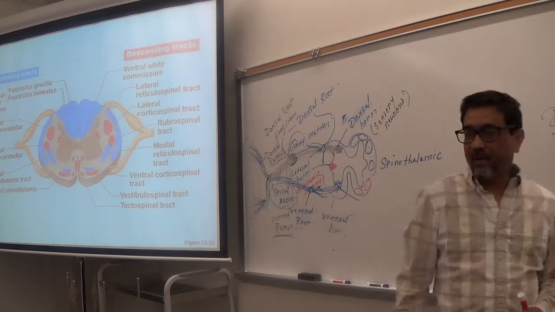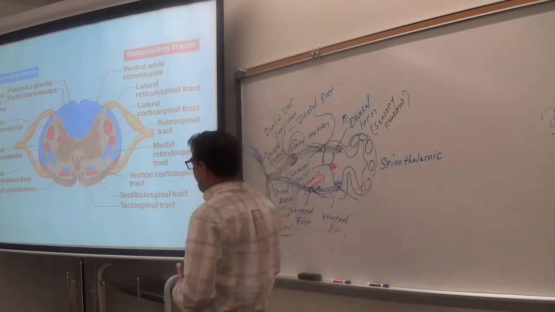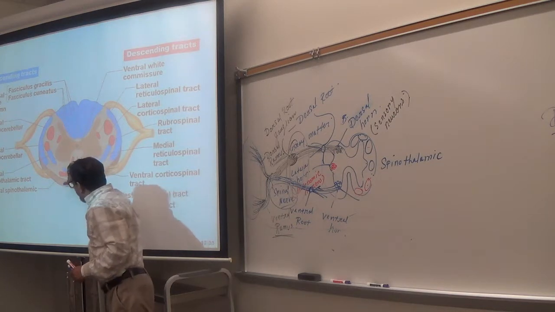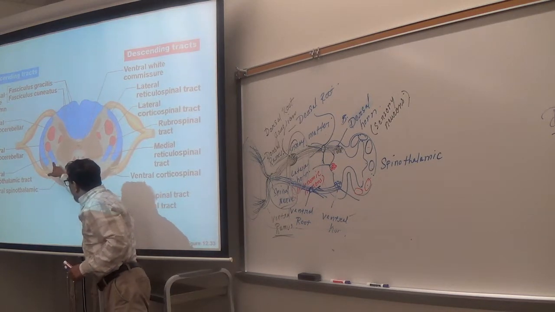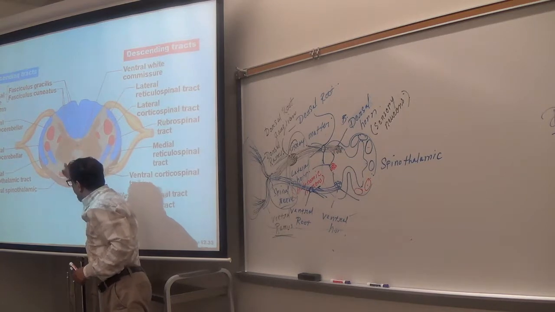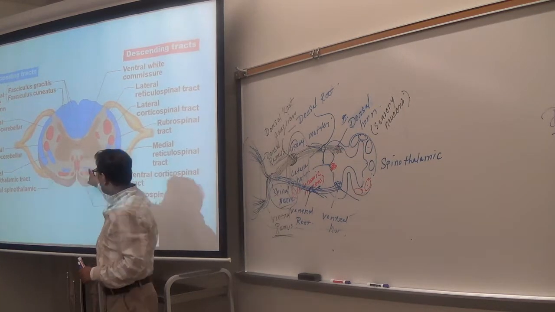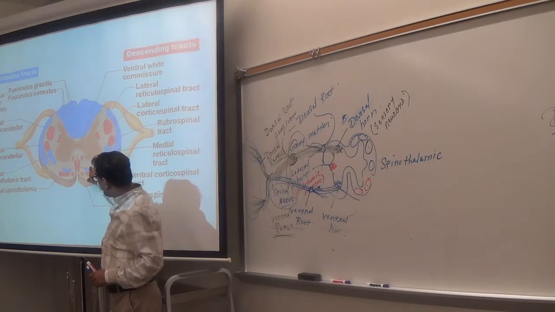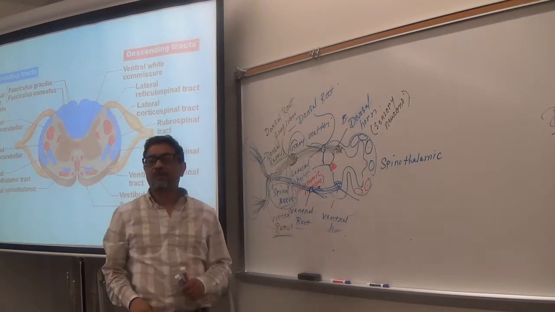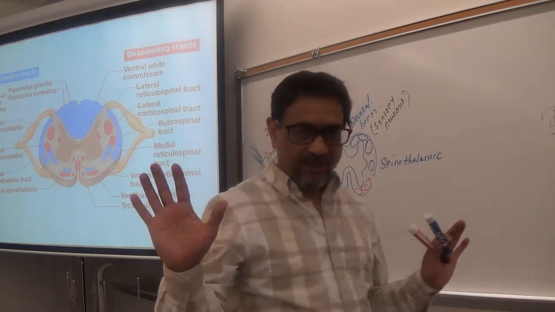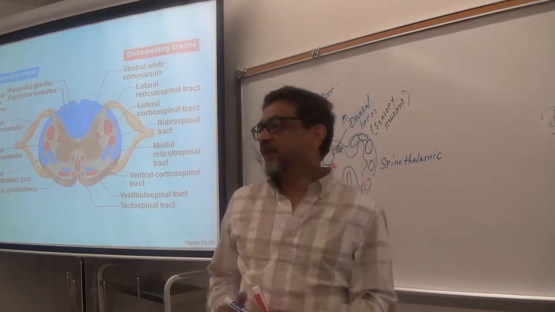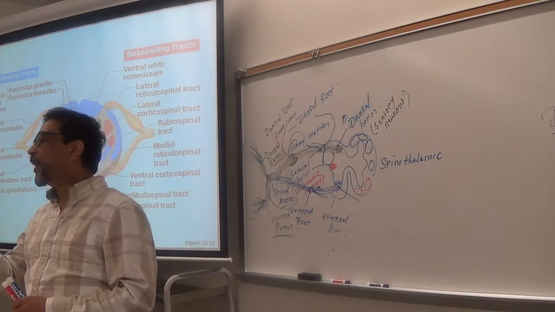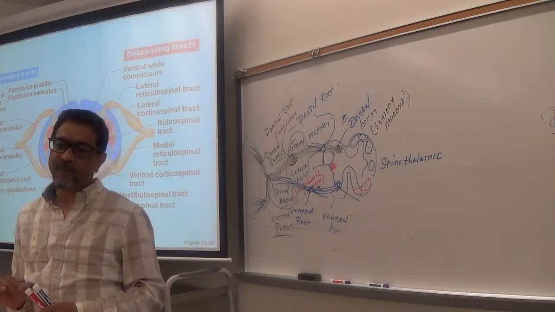We have two pairs of spinothalamic. You see here, ventral spinothalamic and lateral spinothalamic. This is ventral, that is lateral. Same thing here, ventral and lateral spinothalamic. So we have two pairs of spinothalamic. Is it clear? And spinothalamic tracts carry pain, temperature.